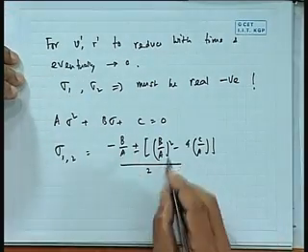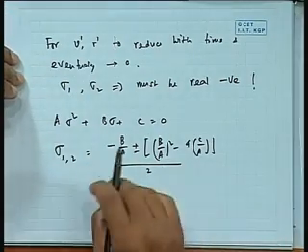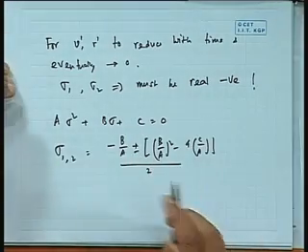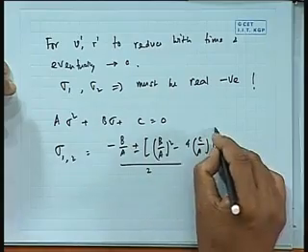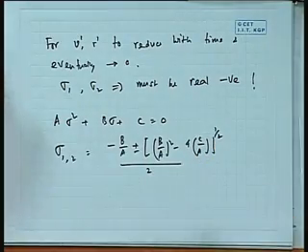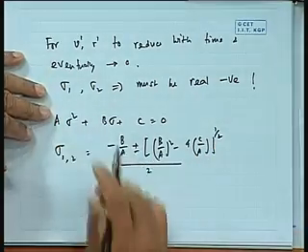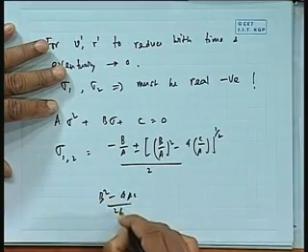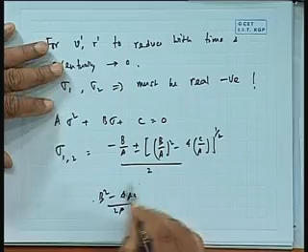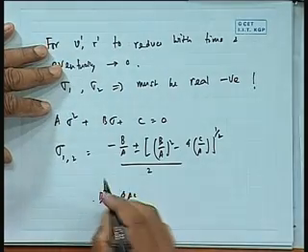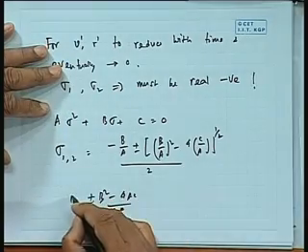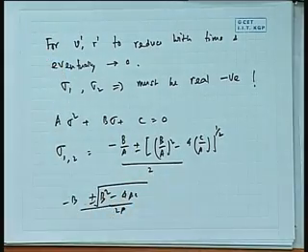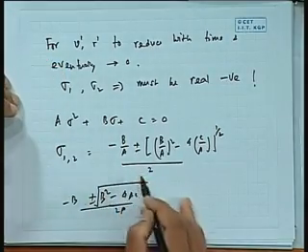Actually, it is minus b plus minus root over b square minus 4ac, all by 2a. It is a standard thing. So I just wrote it as b by 2a, I mean, etc.